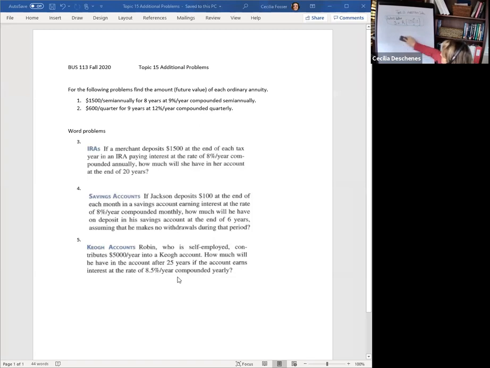The red is not erasing very well, so hopefully you don't see big red splotches, but let's gather what we know. All right, the contribution, the R, is 5,000 a year. And this is going to be for a term of 25 years.